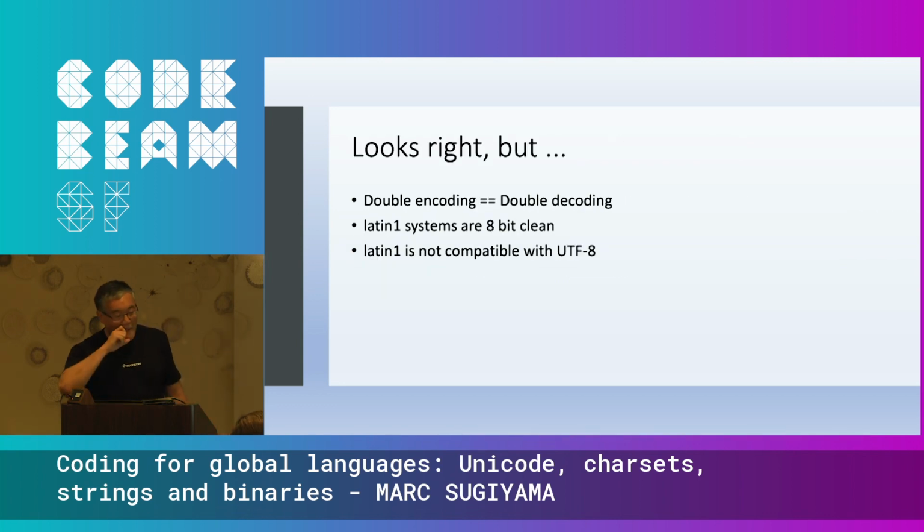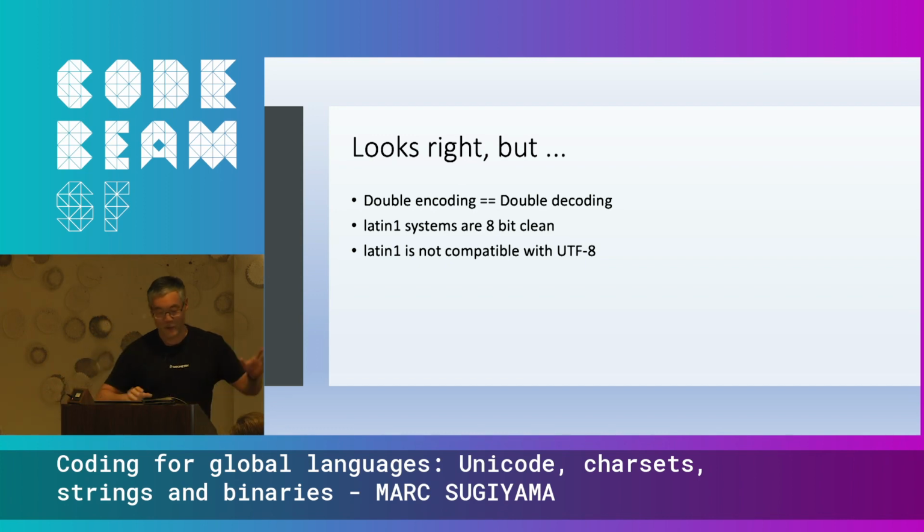All right. Now, there's a bunch of stuff that can go wrong. The biggest problem is that when you use the system, it can look like it's working correctly, but it's doing something completely wrong. The common problem that we were seeing is that we were double encoding and then double decoding the data, because the encoding outputs a list of bytes, a list of character points, that can then just be encoded again.